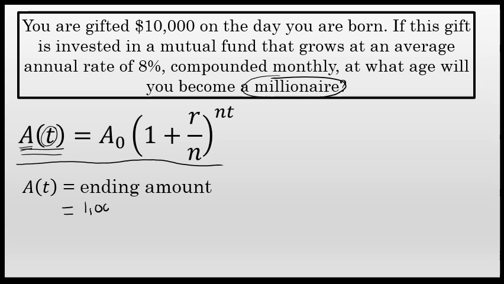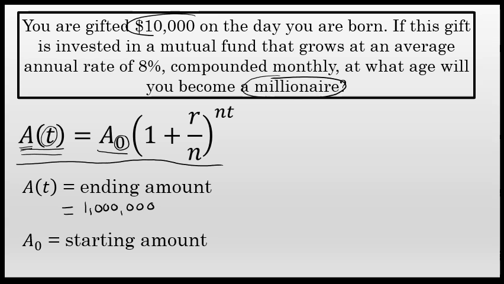So A of t will have a value of 1 million. A sub 0, the next quantity, is the amount in the account at time 0, or the starting amount. In this problem, our initial amount is $10,000.